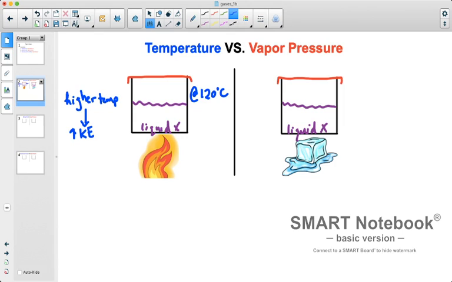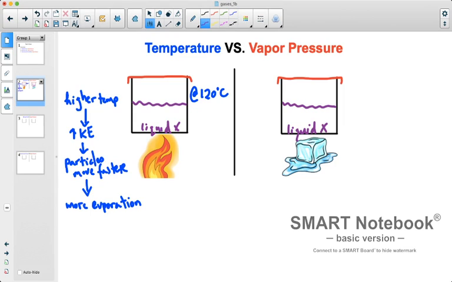We're making the liquid particles move faster and faster and faster. Now, as the particles move faster, what occurs, which we talked about in the last lesson, is that on the surface of the liquid we're going to have more evaporation, because the particles are moving faster.